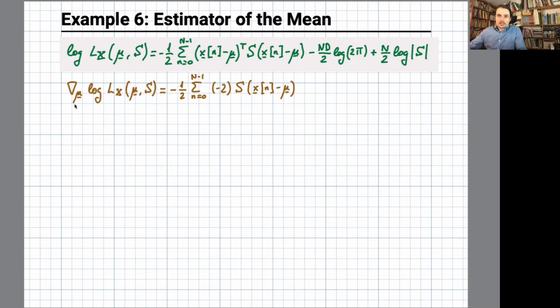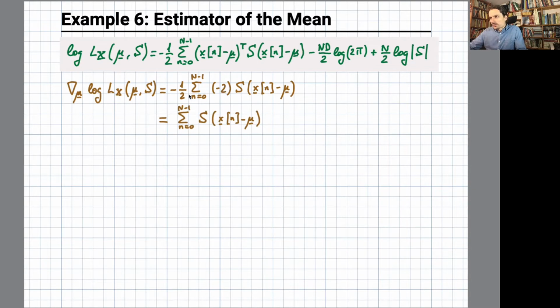So let's start by maximizing the log likelihood function with respect to mu. So we take the gradient with respect to this variable, which after applying the chain rule to the first term and noting that the other terms do not depend on mu, yields this expression.